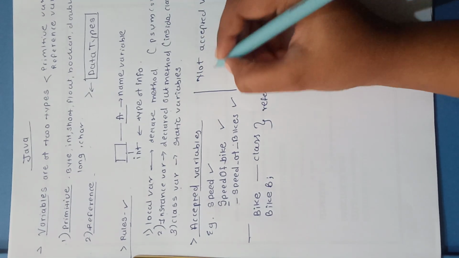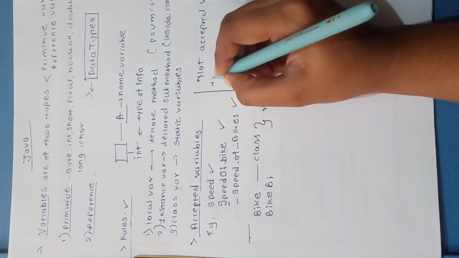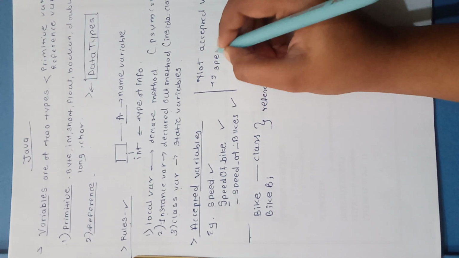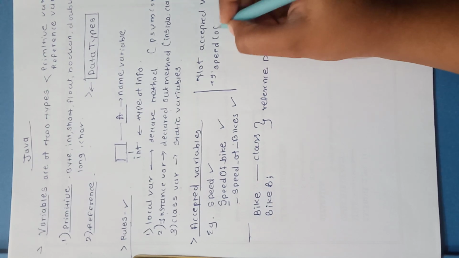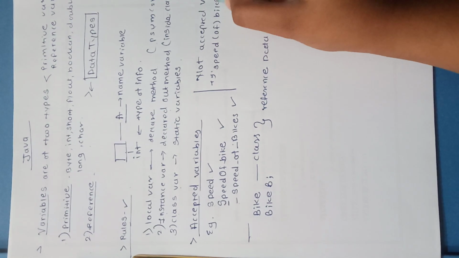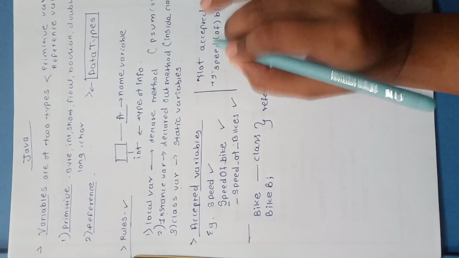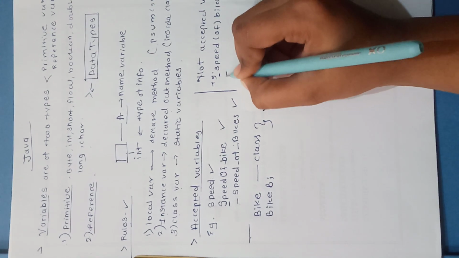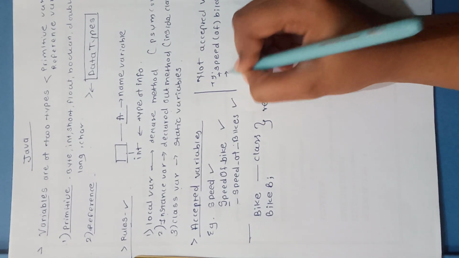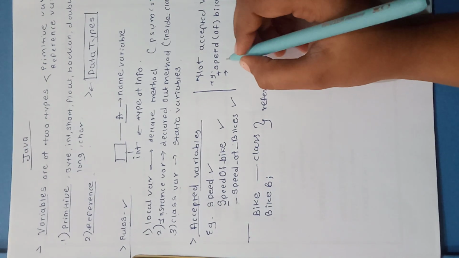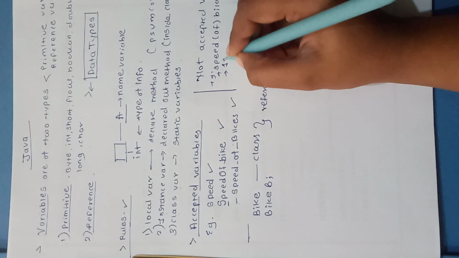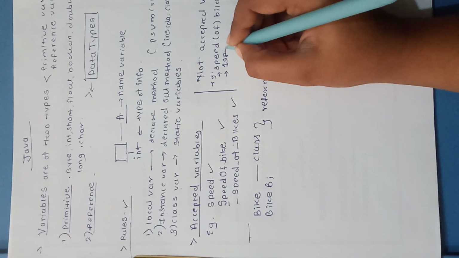That I want to tell you. First one is speed of bike. That is, anything inside brackets is not defined as a variable. Second, a variable cannot start with a number either.